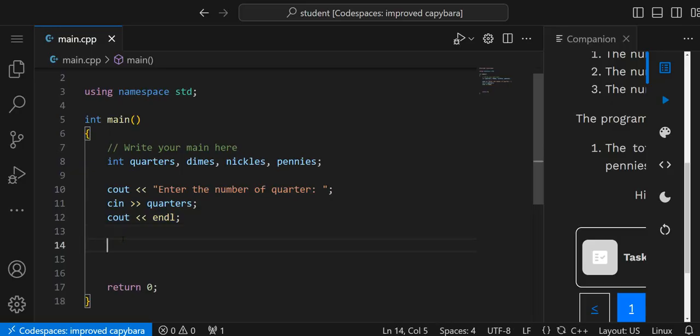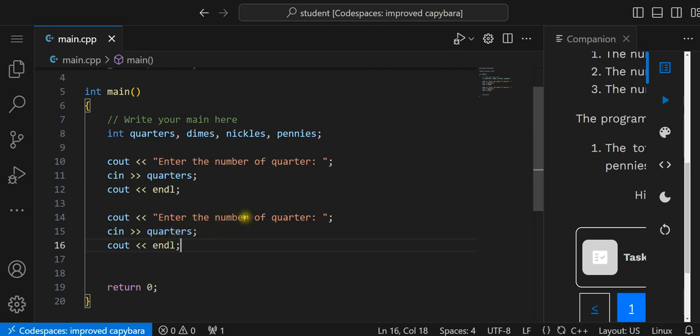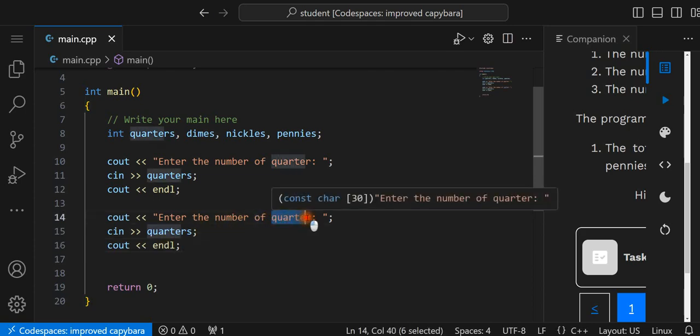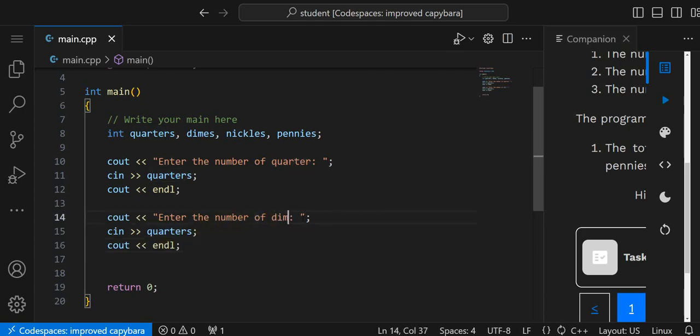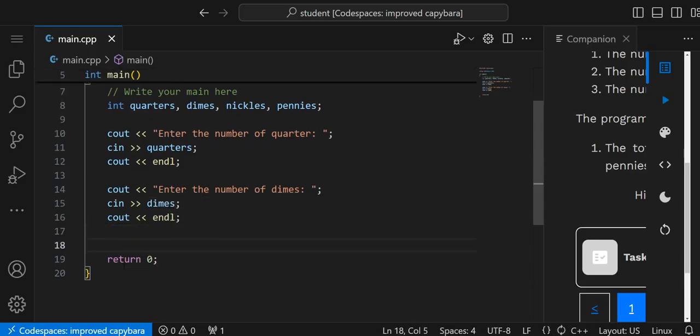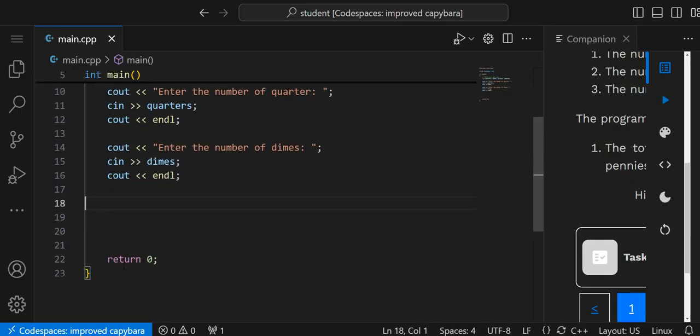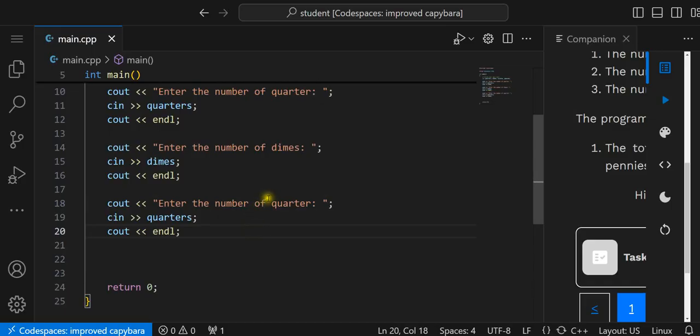So next, we're going to enter the number of dimes. Then this is going to be dimes. Then do it again. Enter the number of nickels.